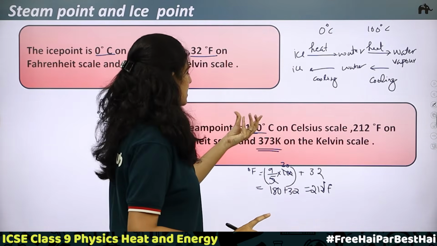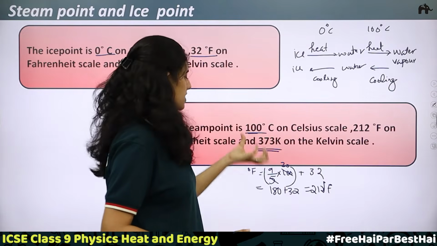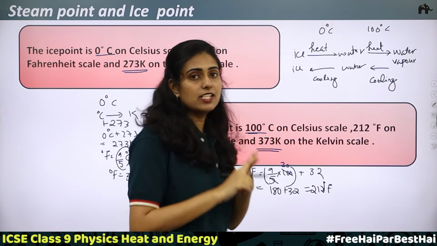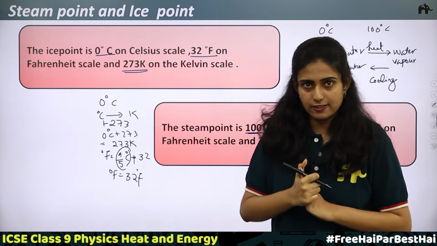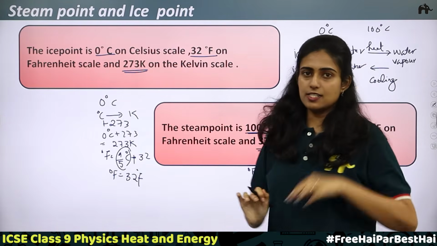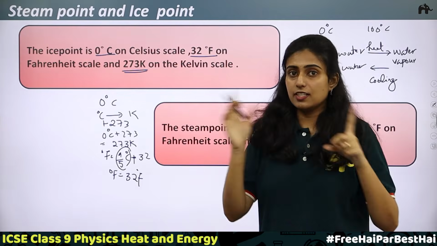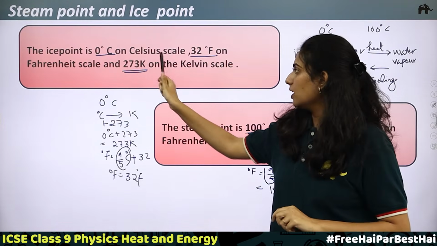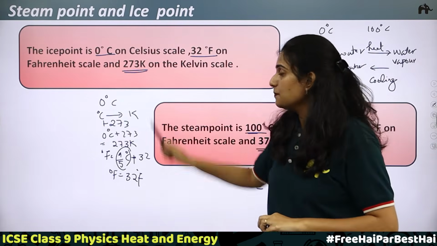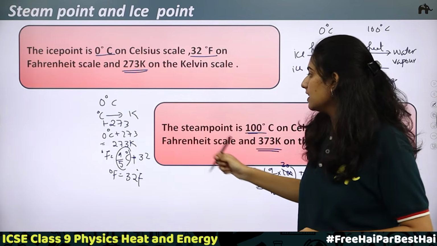You can see that in the Celsius scale and the Kelvin scale, the difference between the ice point and the steam point is 100 units. From 0 degrees Celsius to 100 degrees Celsius, the difference is 100 degrees Celsius. In the Kelvin scale, 273 Kelvin is the ice point and 373 Kelvin is the steam point.